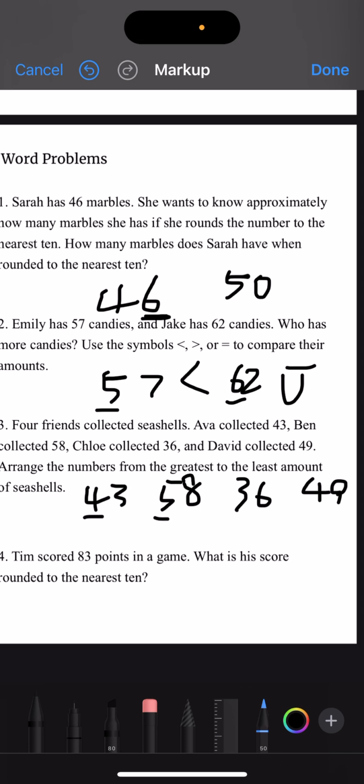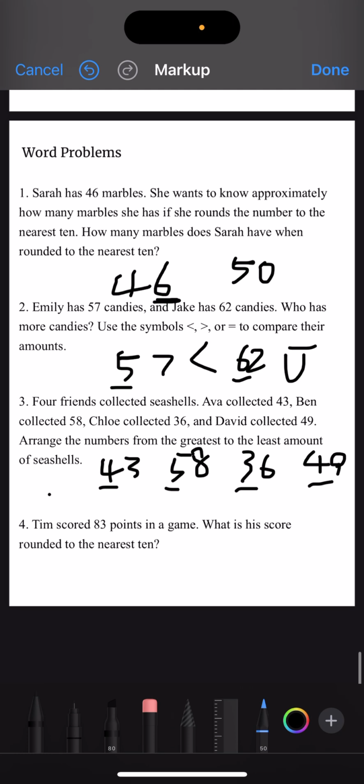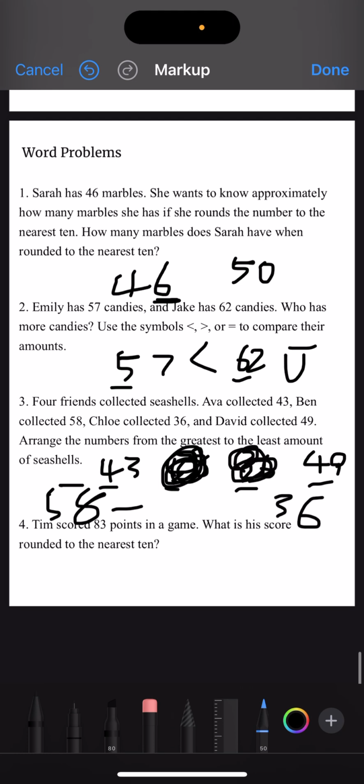We have 4, 5, 3, 4, and 5 would be the greatest, so it would come in the front, 58. Then it would go 4 and 4, because 3 would be the least, so let's put it at the end. Let's look at 3 and 9, and 9 is greater, so this would be 49 here and 43 over here.